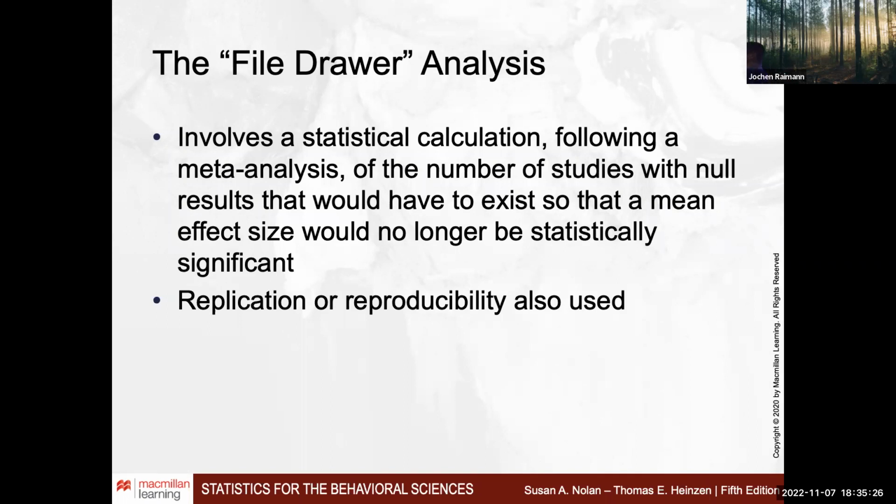So this is called a file drawer analysis, under the assumption that a study that is negative and did not show a significant effect is more likely to end up in a file drawer and never gets published. Because meta-analyses, as you can think, are done on published literature.